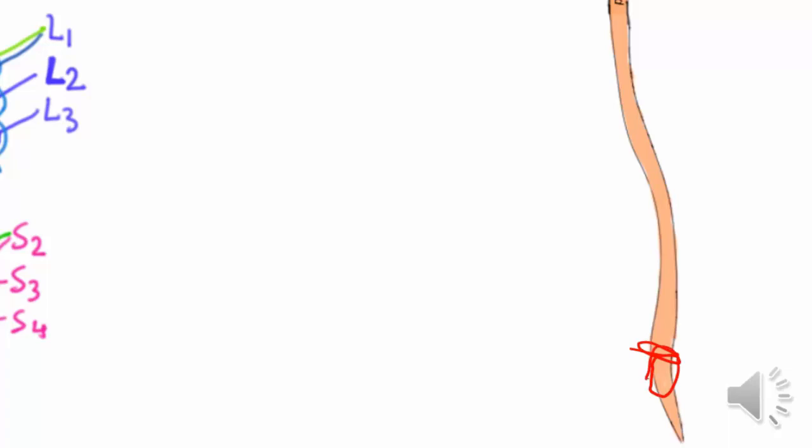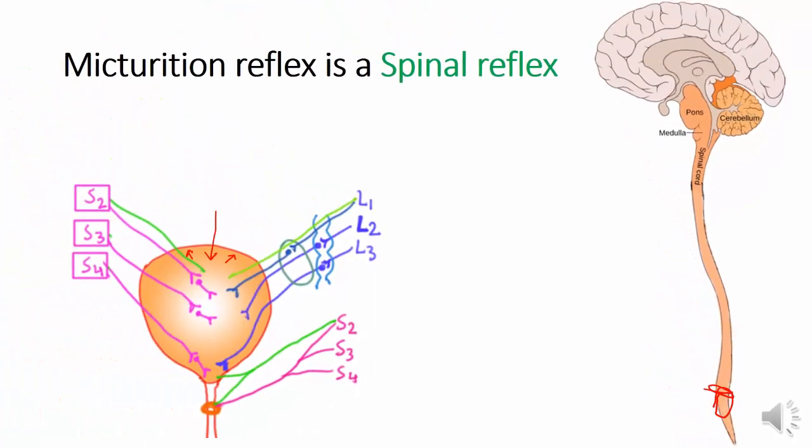So the signal will go to the sacral segment, and the signal again comes back the same way to the bladder via the parasympathetic nerves. So the center is located in S2, S3 and S4.